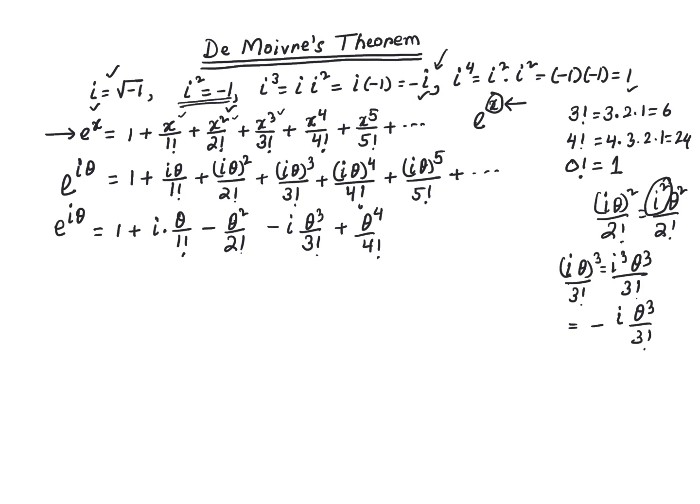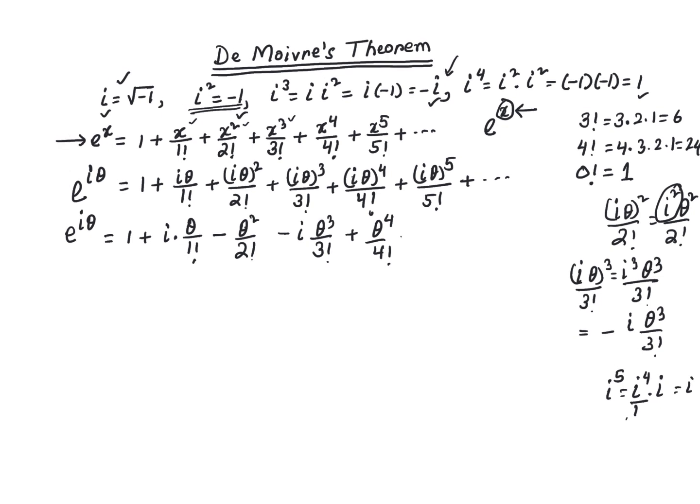And i to the power 5 is just i, because i to the power 5 is i to the power 4 times i, right? But this is 1. 1 times i is i. So it's going to be plus i times theta to the power 5 over 5 factorial, and it keeps going.